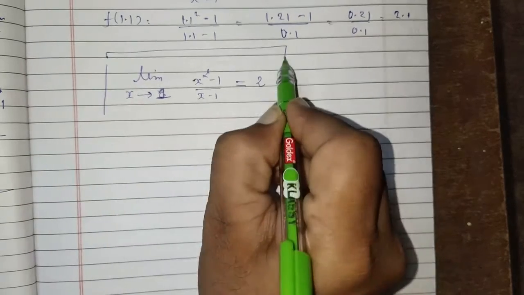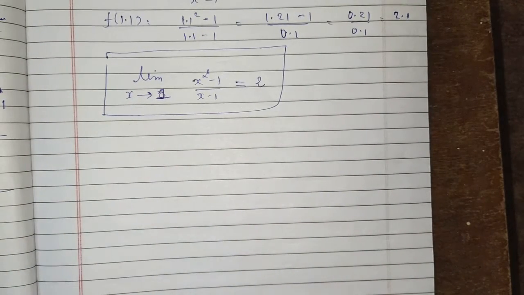So this is the limiting value, and we can find it with the help of factorization also, but we'll discuss later how we can find the value. Some common factor is there when the value of a function is indeterminate. So let's see one more example of tabular method. We can find the value with the help of tabulars.